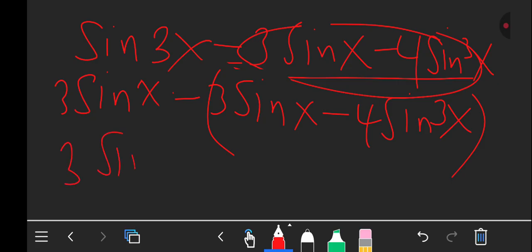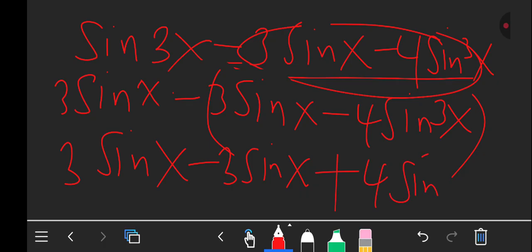We're going to have 3 sine x. If you multiply this negative by positive 3 sine x, you're going to get negative 3 sine x. Then negative by negative is simply positive. So there we're going to get 4 sine cubed x. So 3 sine x and 3 sine x can cancel, okay, can subtract, and that is simply 0.